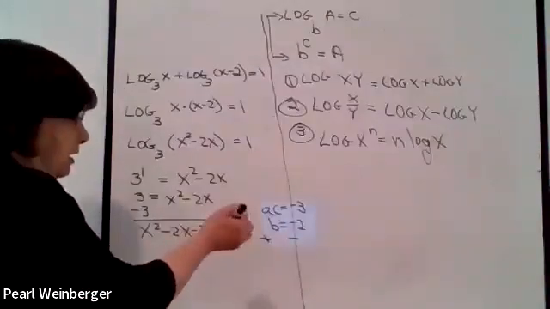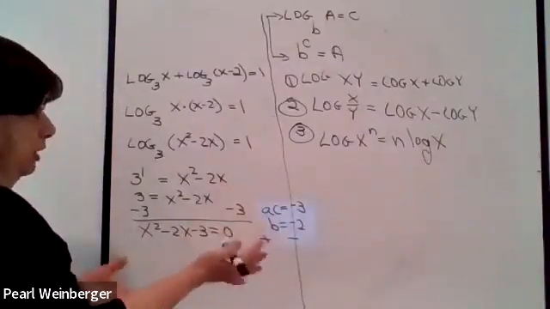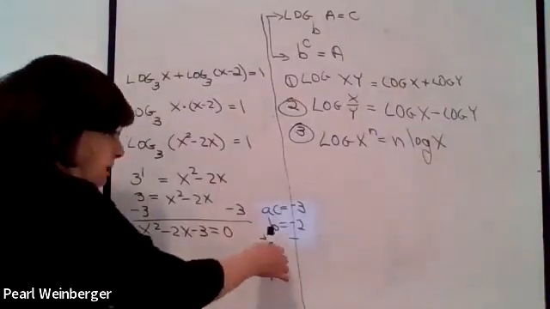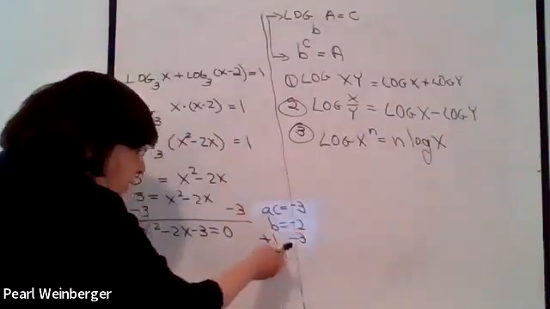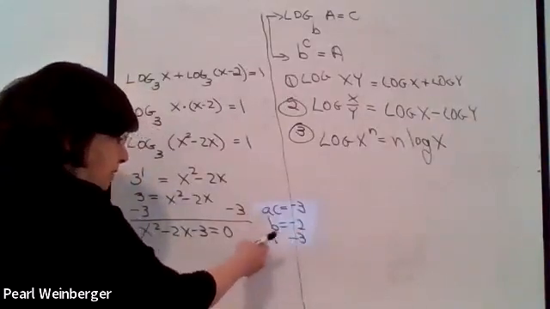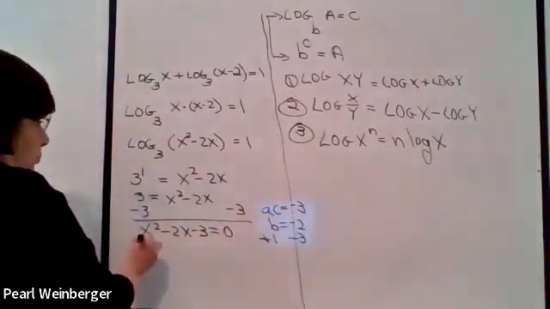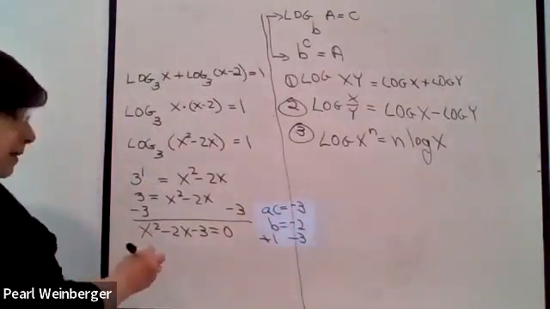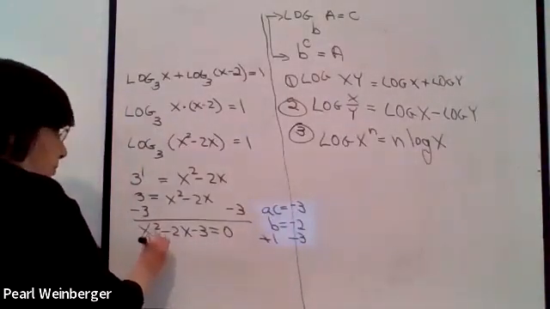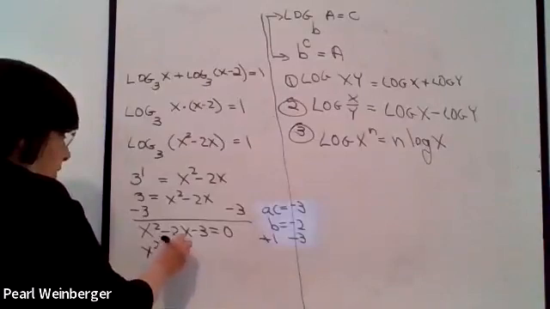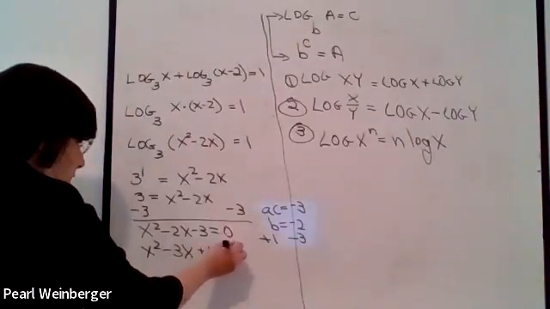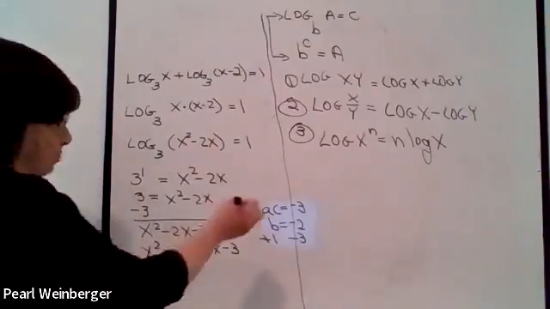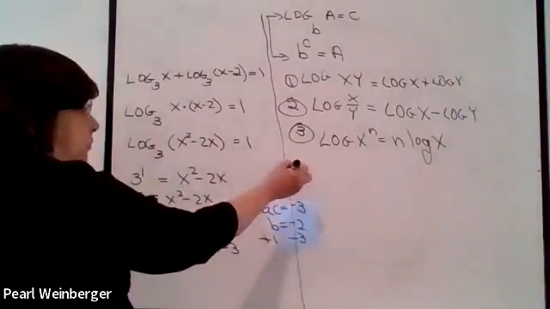Obviously, the numbers that multiply to 3 are 1 and 3, and it's going to have to be a +1 and a -3, so that when I combine them, I will get -2. So this becomes x squared minus 3x plus 1x minus 3. And when I factor it, let's go over here.